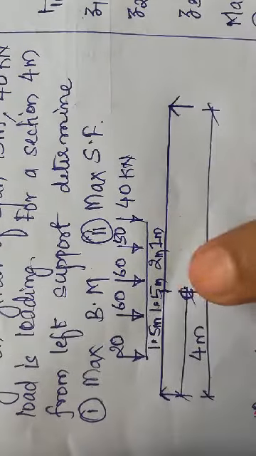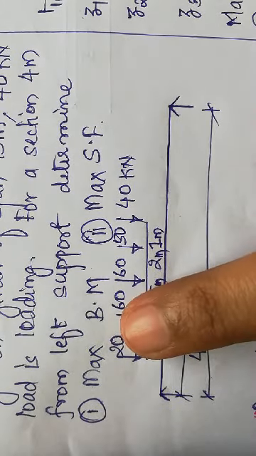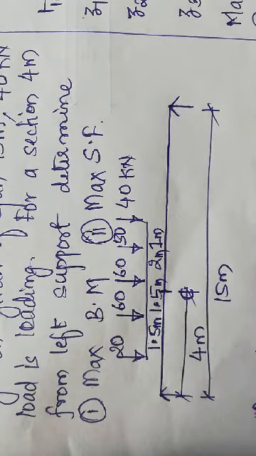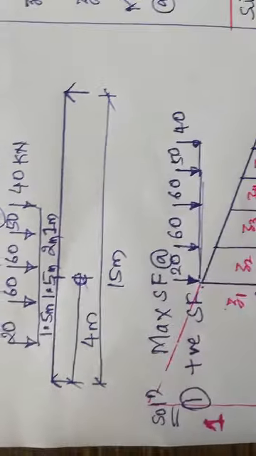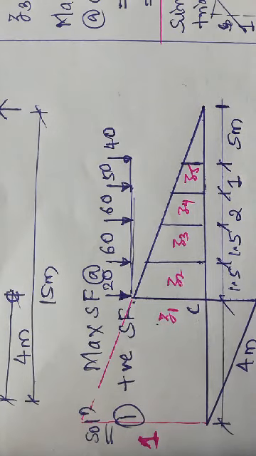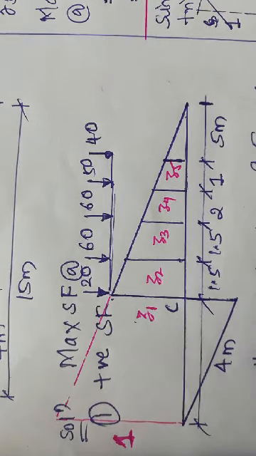So for this given problem, we have to calculate the maximum bending moment and the maximum shear force. Now let us first calculate maximum shear force, that is positive and negative both.